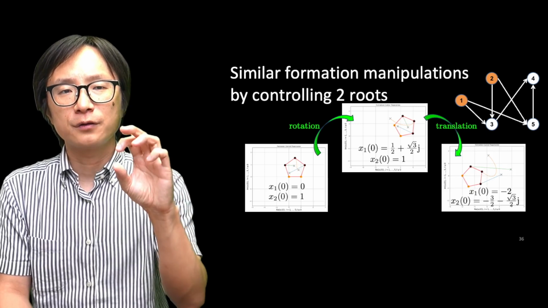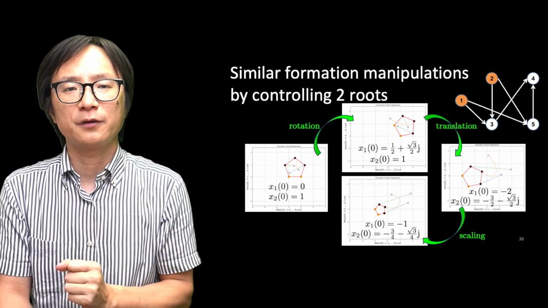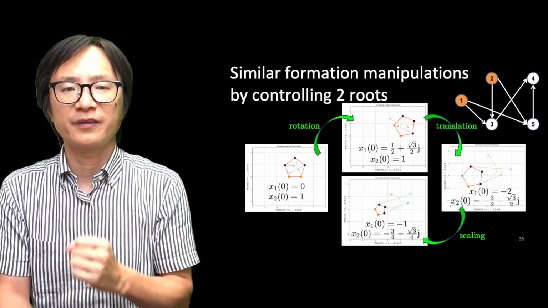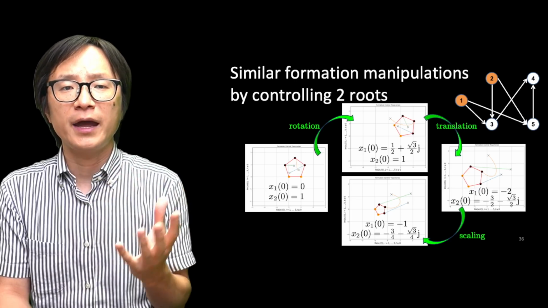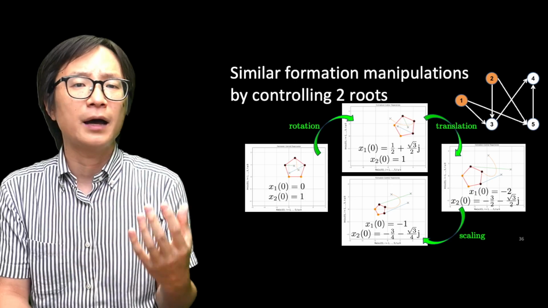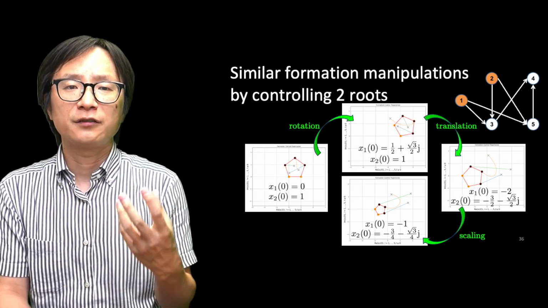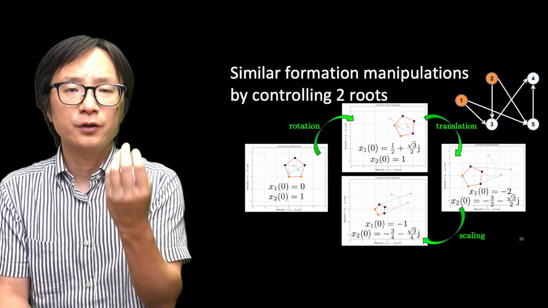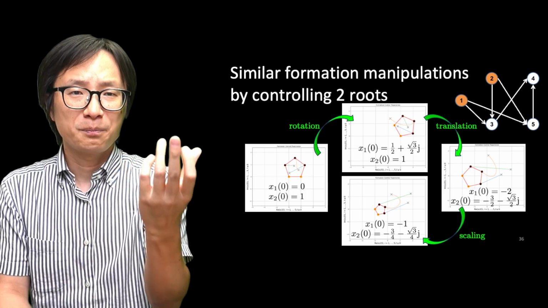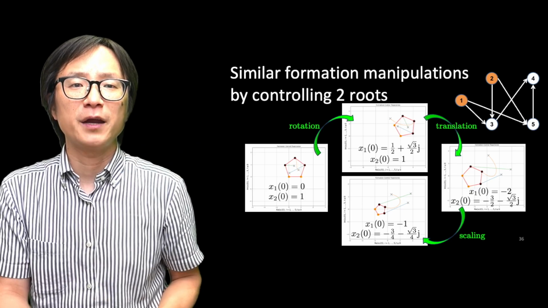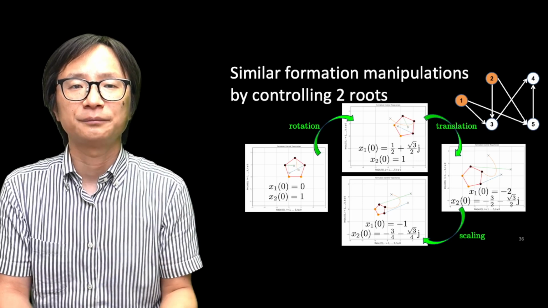If we move the two roots closer to one another, we can scale down the formation. We can do the opposite by moving them apart. So very convenient to manipulate the entire formation. Doesn't matter how many agents are there, as long as we manipulate the two roots, we can do three basic transformations for the formation: the rotation, translation, and scaling.